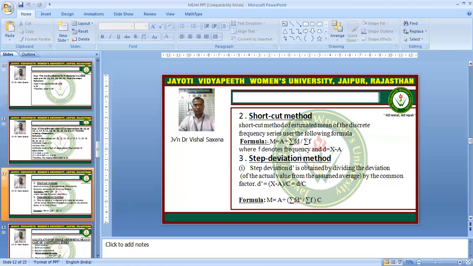where f denotes the frequency and A denotes the assumed arithmetic mean. So A shows the assumed mean, while M shows the arithmetic mean. F represents the frequencies of data.